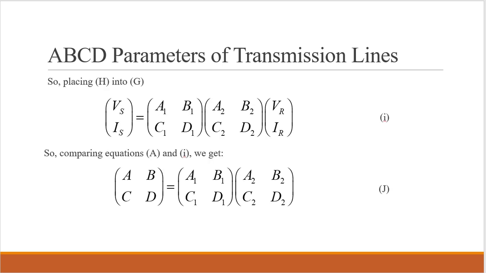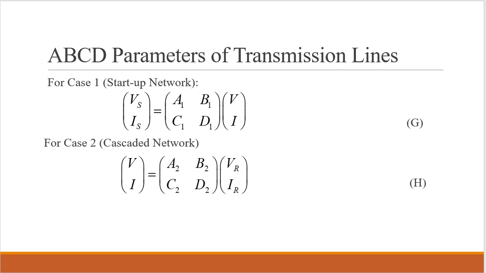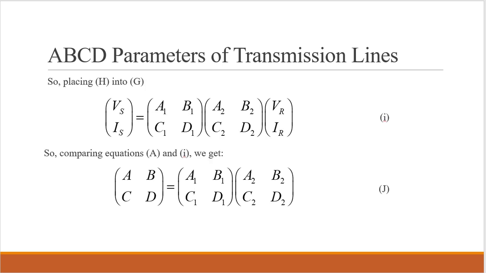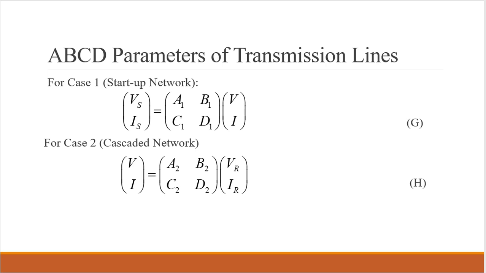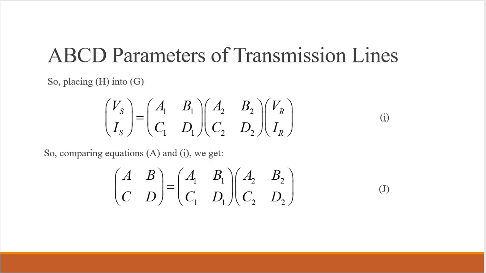Okay, moving forward we can place this value of V and I from equation H into equation G, where I have placed this value. So as a result we have obtained that Vs and Is is equal to the matrix A1, B1, C1, D1, the same as this expression, multiplied by the matrix A2, B2, C2, D2 into VR and IR.